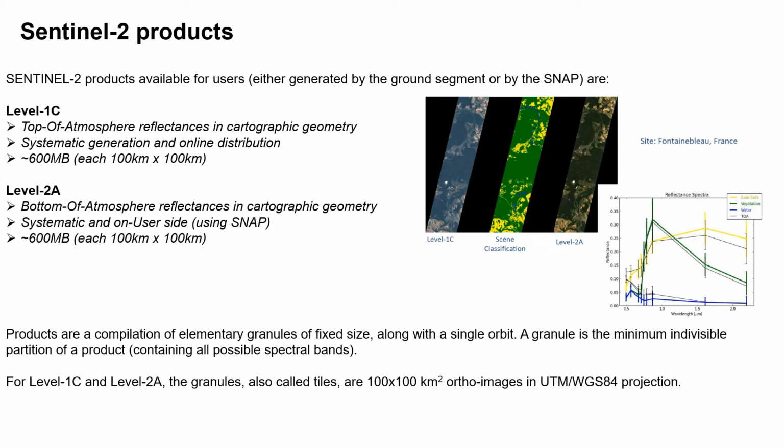These products are distributed free of charge in free and open mode through the Copernicus Open Access Hub. Level 1C is the top of atmosphere reflectance in cartographic geometry, and level 2A is the bottom of atmosphere reflectance in cartographic geometry.